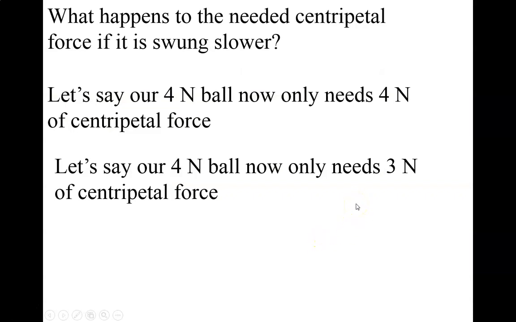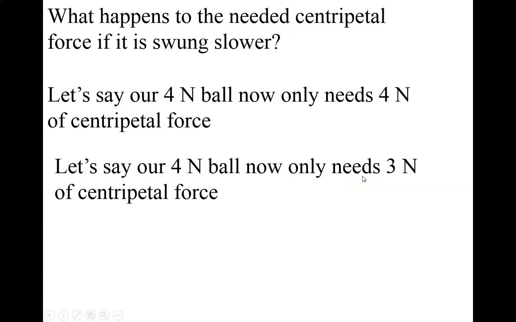Now let's say I swung that ball slower and slower. Let's say that the ball only needs 3 newtons of centripetal force because I swung it slower. That means the string is going to go tensionless at the very top. It'll be limp at the very top, but it'll still make it around the circle. Let's say that at the very top, my 4 newton ball only needs 3 newtons of centripetal force.